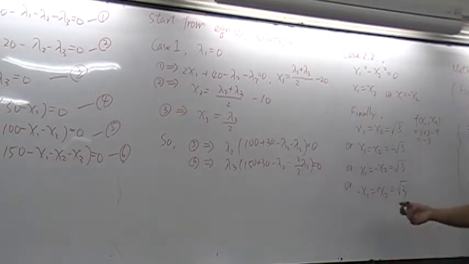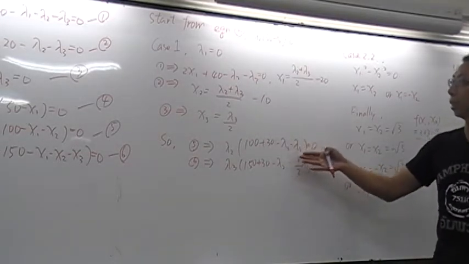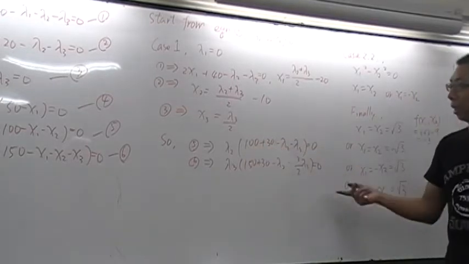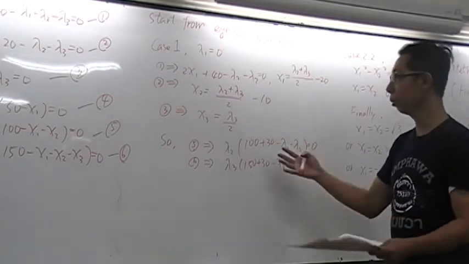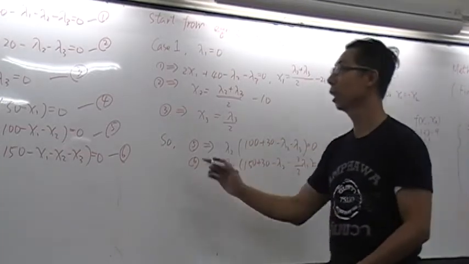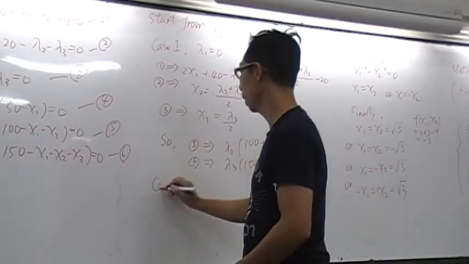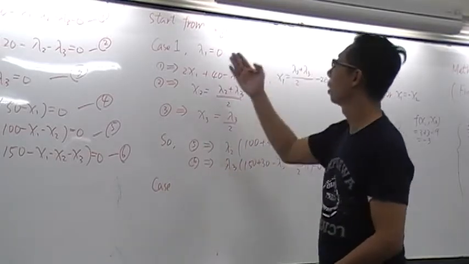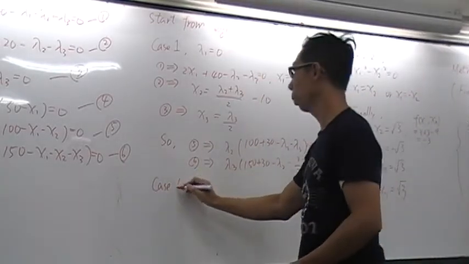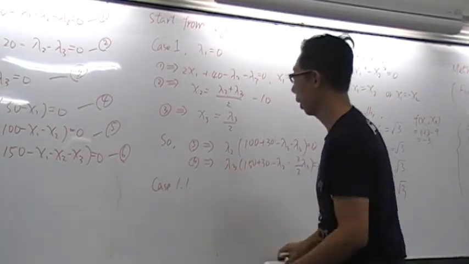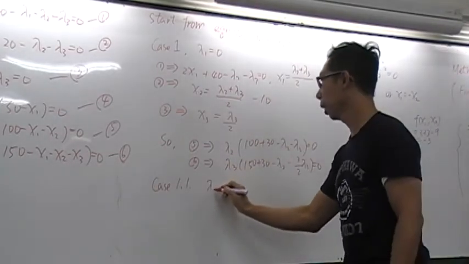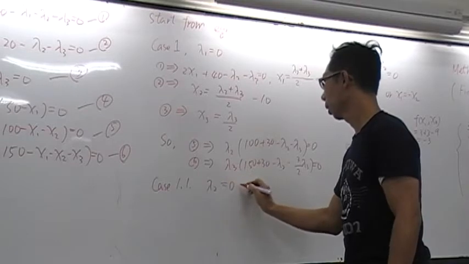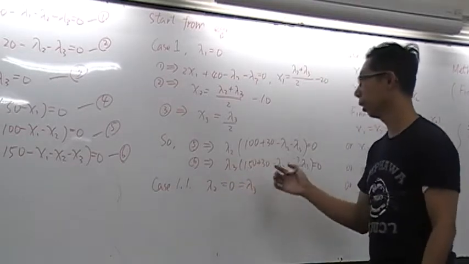So again, you see, now we have something times another, which means that we will have 4 different cases, right? So this is case 1.1, okay. So case 1.1, let's say both lambda 2 and lambda 3 are zeros, okay?